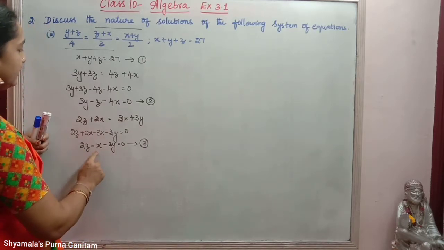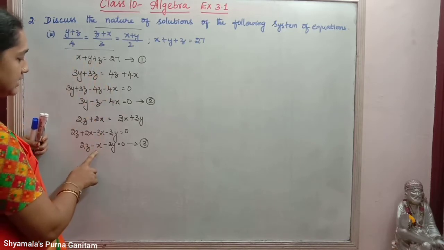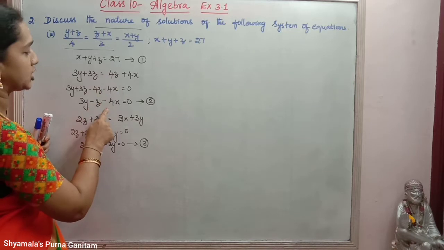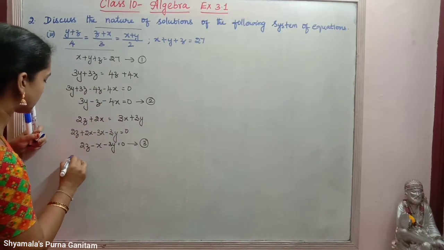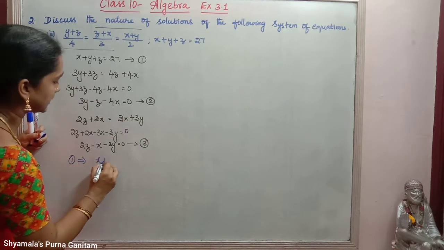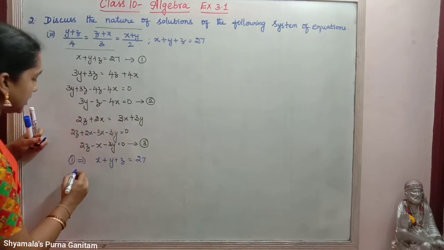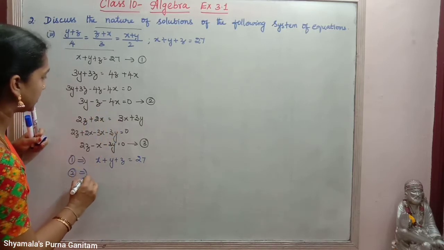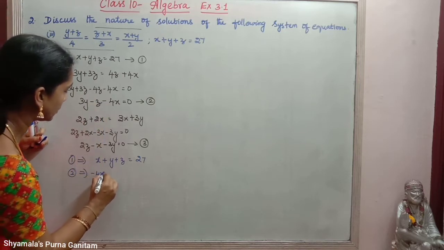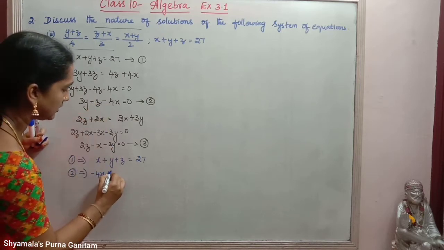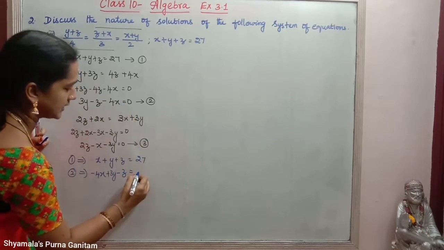Now we'll simplify this. Here the first equation is x plus y plus z. I'll take the first equation and the second equation. The first one is x plus y plus z is equal to 27 and the second equation is minus 4x plus 3y minus z is equal to 0.